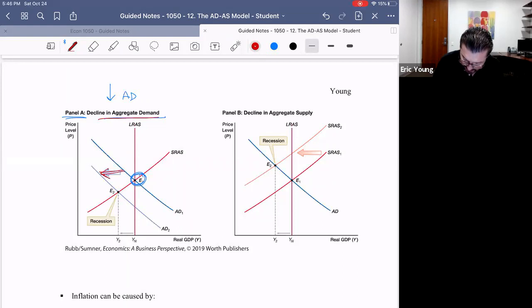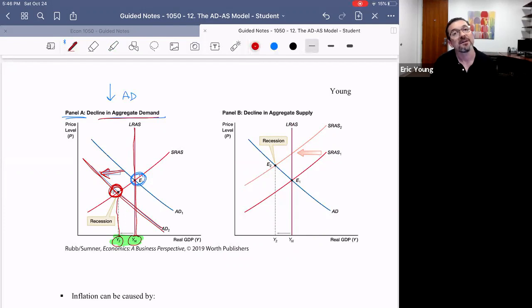That's going to shift our AD curve, which I'll do in red, to the left. Now you notice that with this shift to the left, our new equilibrium is here in red. And if you compare the new actual output with the LRAS potential output, you see a recessionary gap, okay?